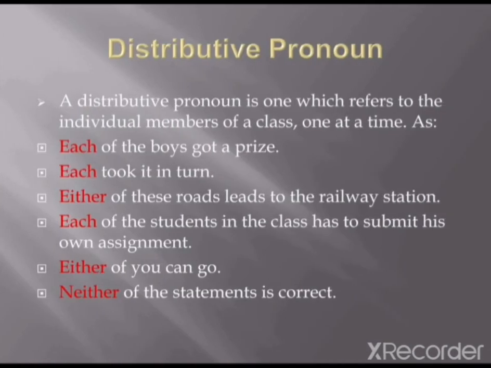Next pronoun is distributive pronoun. A distributive pronoun is used when there are more than one persons or things to indicate that the persons or things are taken separately rather than collectively. They are each, any, either, neither, and others.